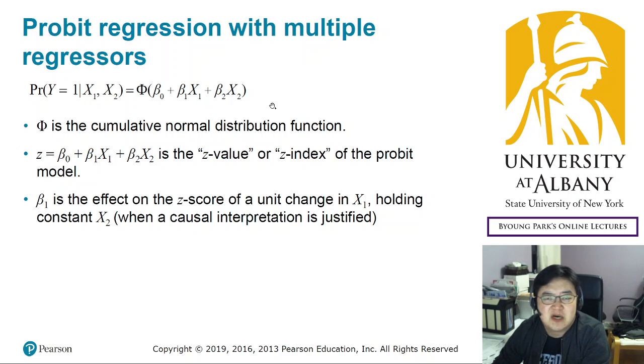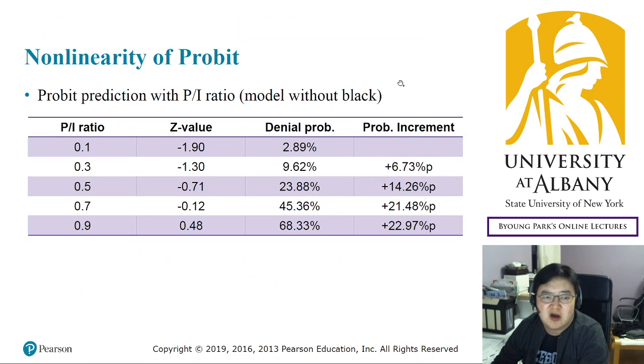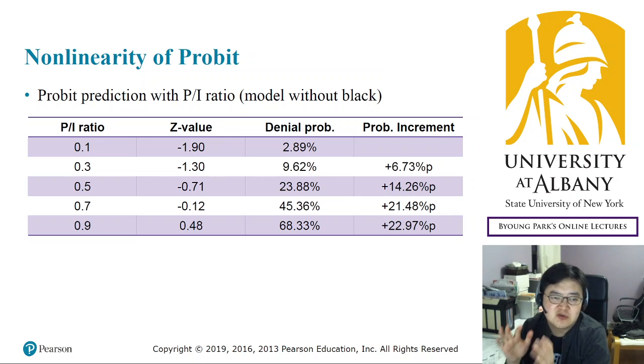However, the probit model requires additional care when you predict the probability and when you calculate the effect of a regressor on the probability, and the coefficients are more difficult to interpret.